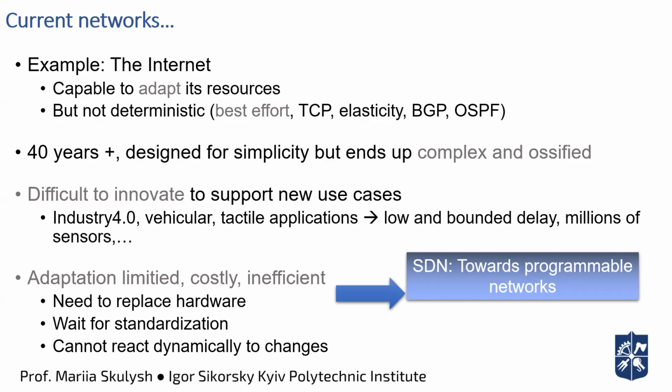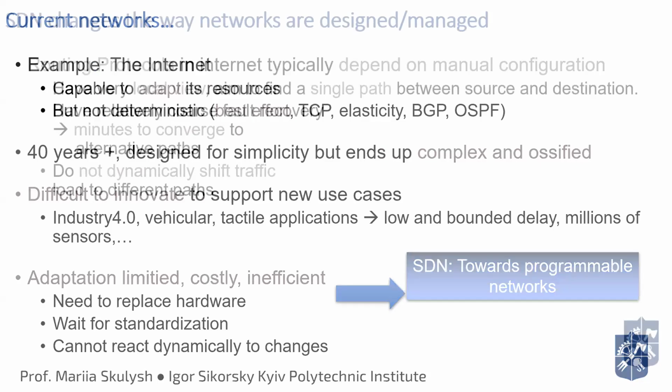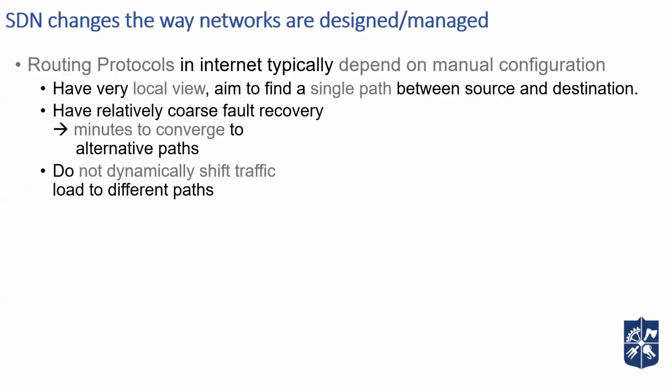Therefore, we need to move towards programmable networks. What else? SDN changed the way of network design, and routing protocols in the internet typically depend on manual configuration. Also, it has a very low view. What does it mean?